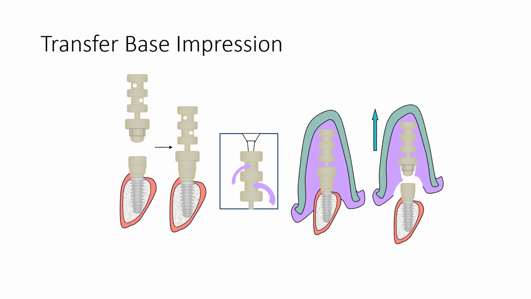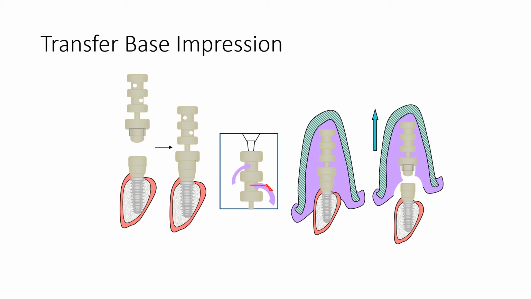So just to recap on our transfer base impression, we position the quick transfer into the top of the transfer base, as is seen on the left hand side. Impression material should then be injected down through the quick transfer so that it escapes through the side vents. This will help lock the component into our impression.